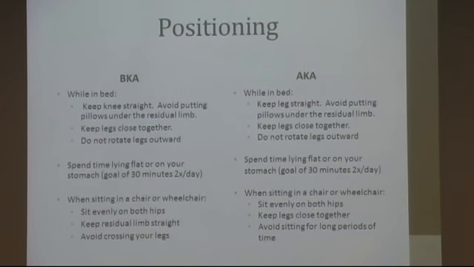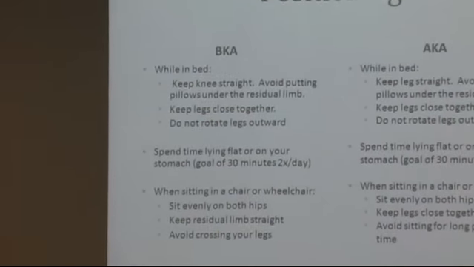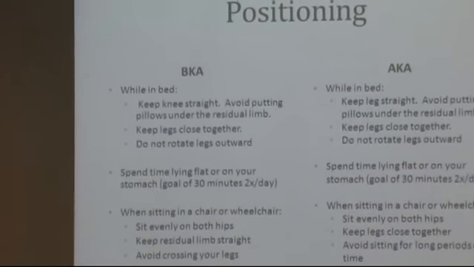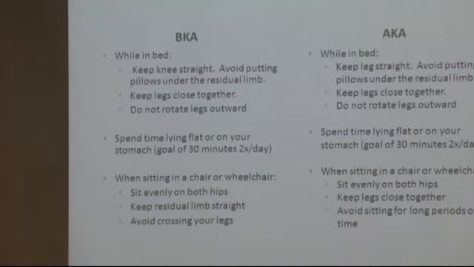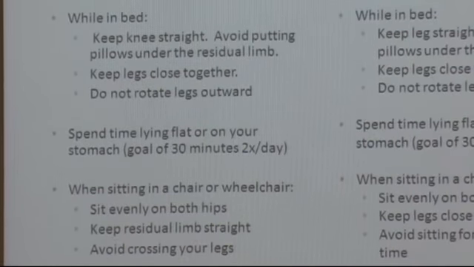All right, so positioning. For below knee and above knee, and as I said, these are handouts that are in the file cabinets, 3 Southwest and 5 East. So below knee, some of the things just mainly as a review for us, but might be something new for nursing staff, which we're hoping to educate along the way here, and we're also going to provide the nursing directors with a packet of this information to give to their staff and to have available to their staff to look over, so that when they see this hanging above the patient's bed, they know what we're talking about.